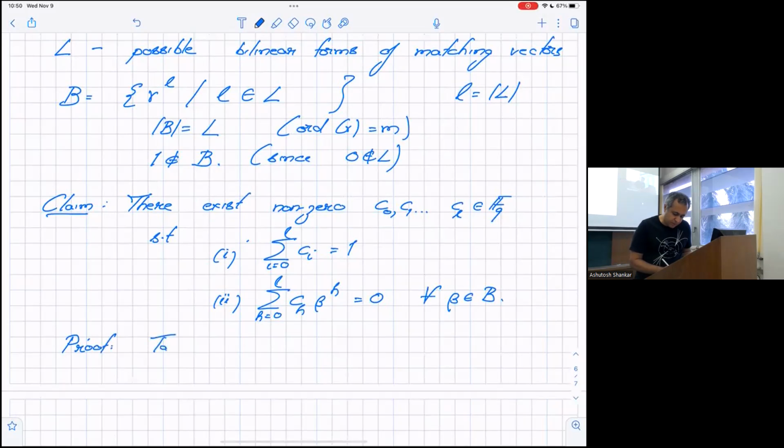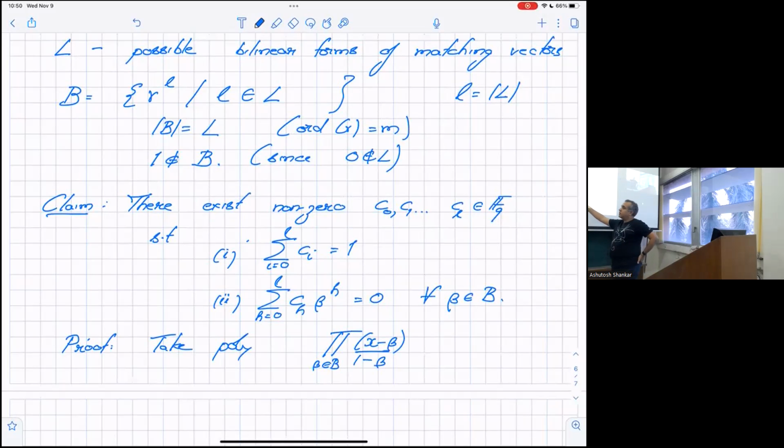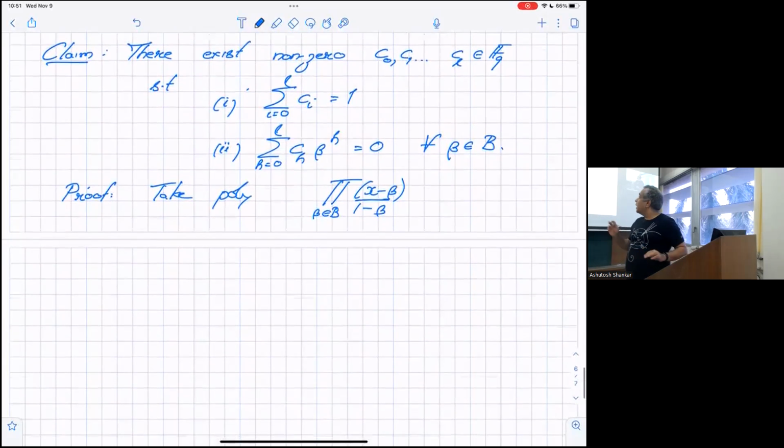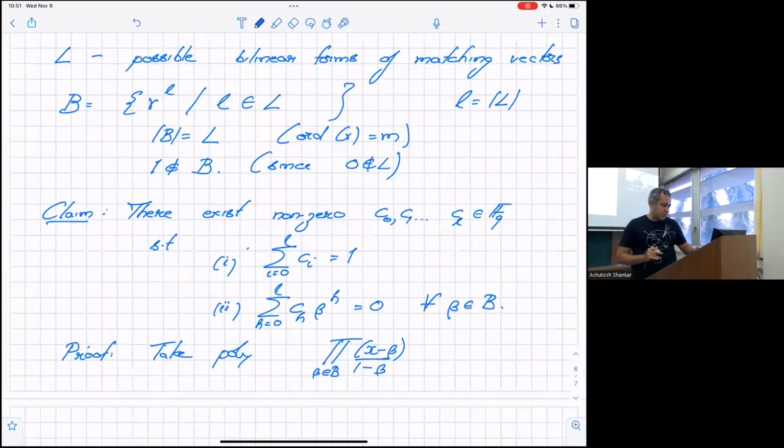And the proof is just: take the polynomial which is the product of (x minus beta) divided by (1 minus beta) over beta in B. Certainly, whenever I plug in a beta in B, it vanishes. When I plug in 1, it is 1. And this polynomial has exactly L plus 1 coefficients. So this is going to be the linear combination I'm going to be using. Yeah, 1 is not in B, so I'm using all of these elements.